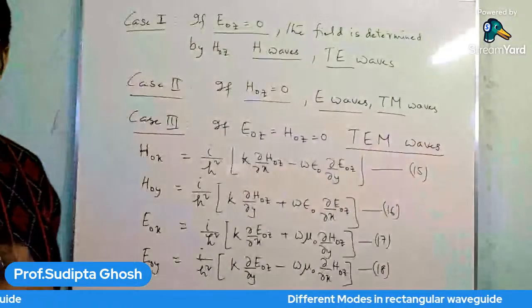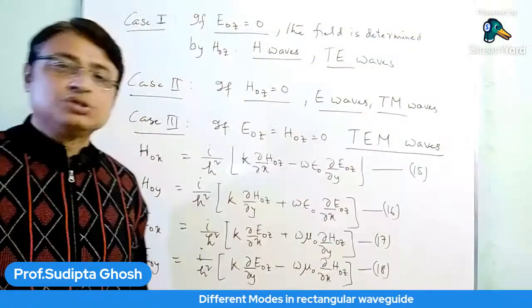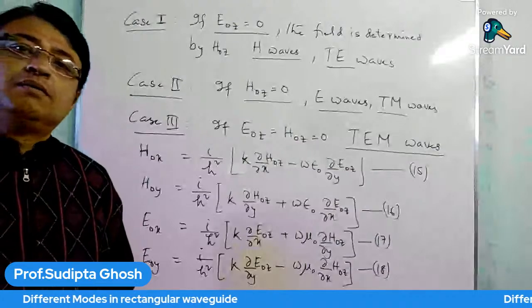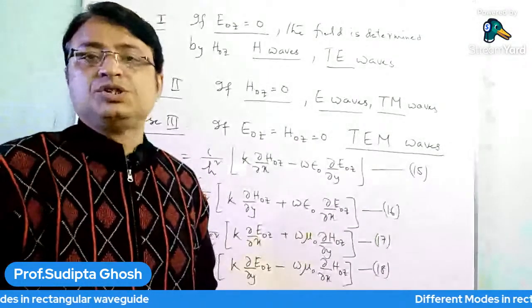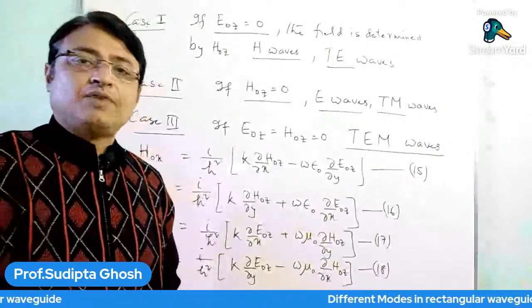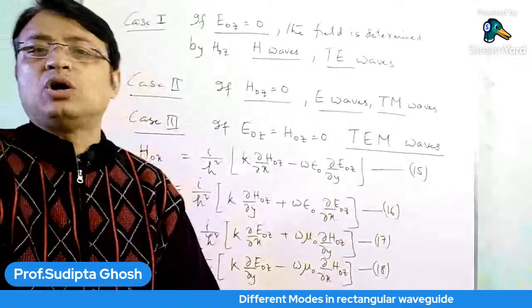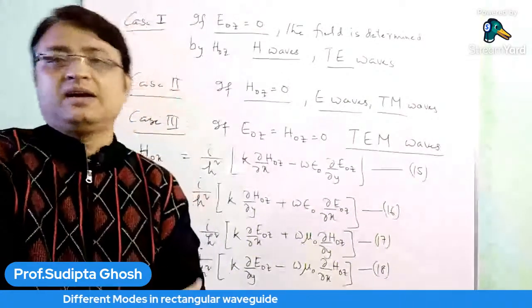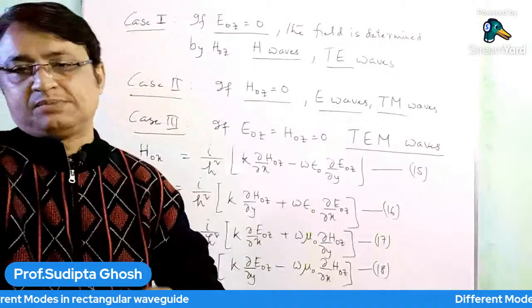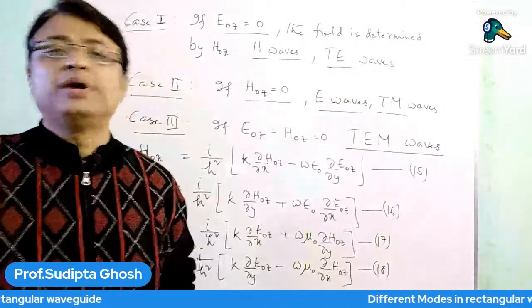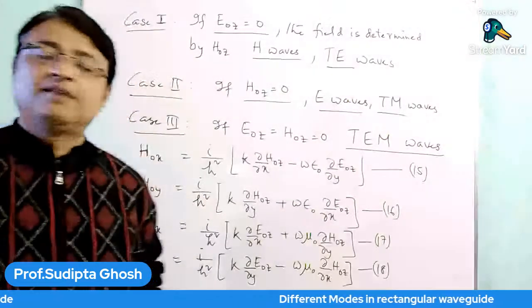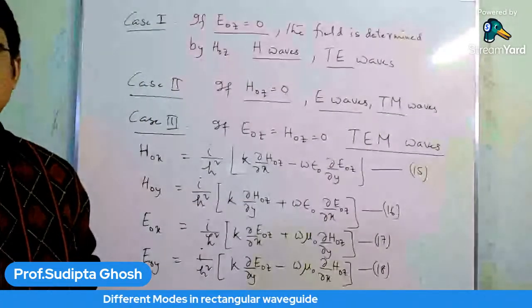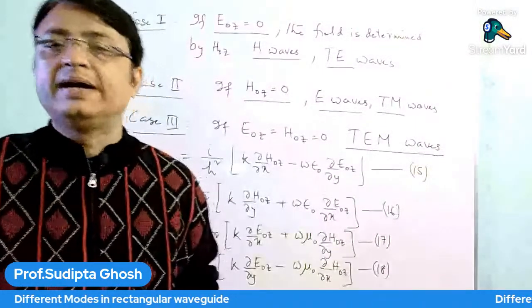If the components EOZ as well as HOZ are both equal to 0, then from the theoretical aspect we can call it a transverse electromagnetic wave, because the longitudinal components, that is HOZ and EOZ, vanish. So only this type of wave can be termed a transverse electromagnetic wave.